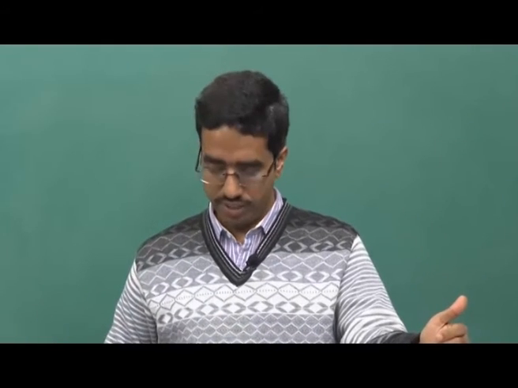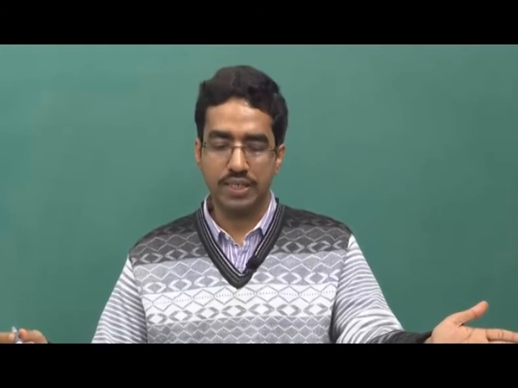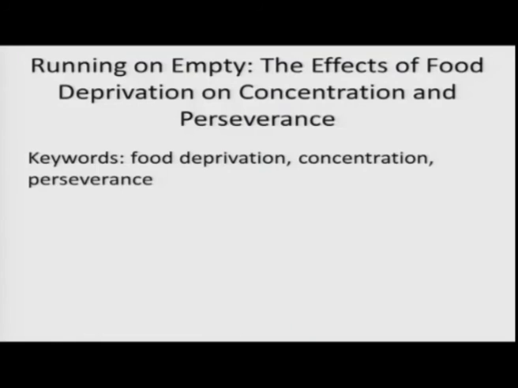So, now let us look at an example. We saw this abstract, Running on Empty: The Effects of Food Deprivation on Concentration and Perseverance. Just using the title, the following could be your keywords: food deprivation, concentration, perseverance.